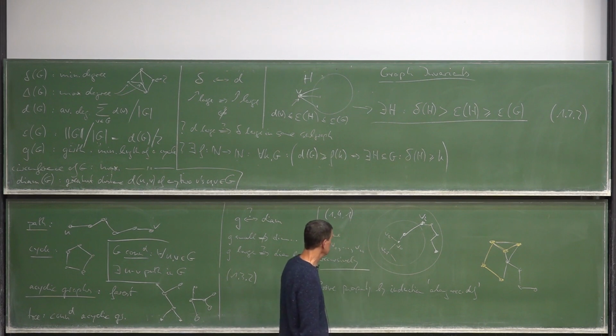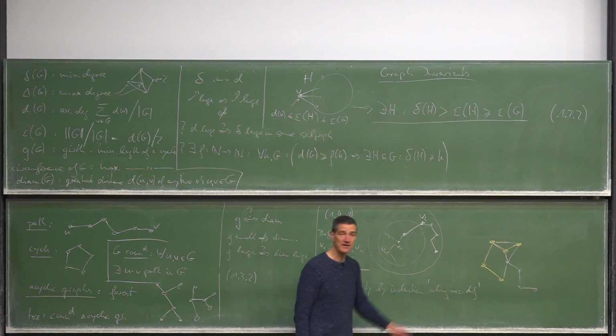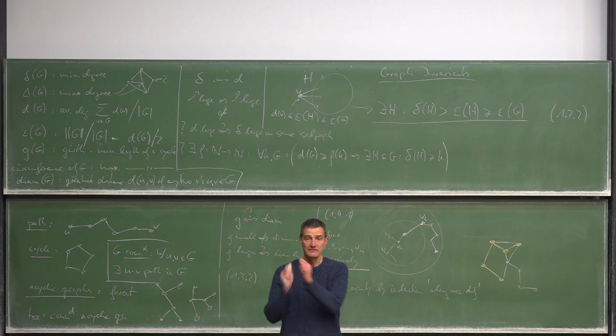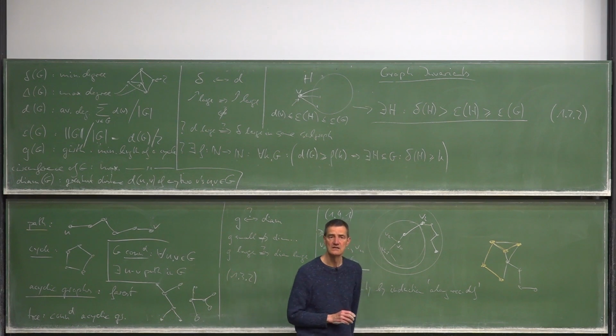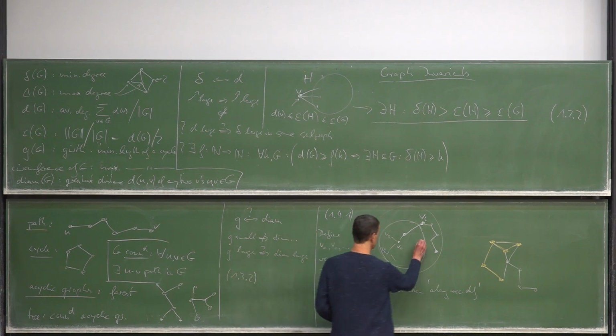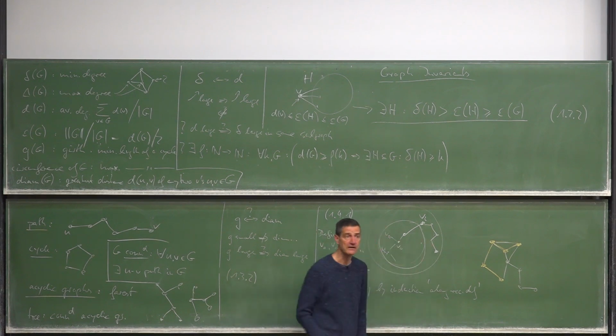Okay, but now we can continue with our inductive proof that V0 up to Vi span something connected in G. And that is true because this was connected. What does it mean? It means that for every two vertices, you can find a path in there.